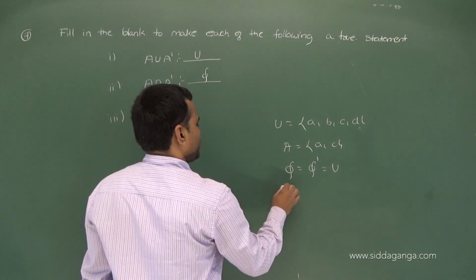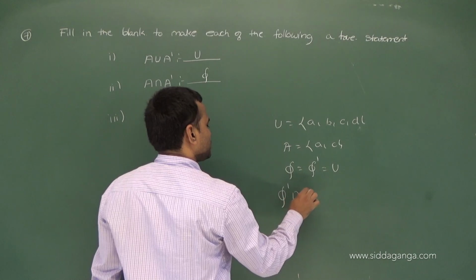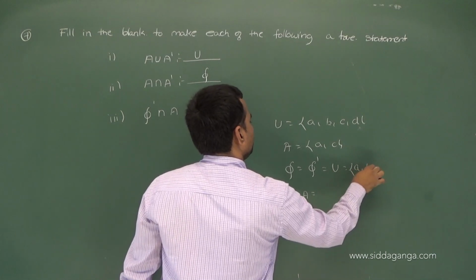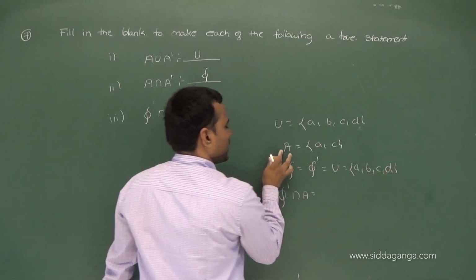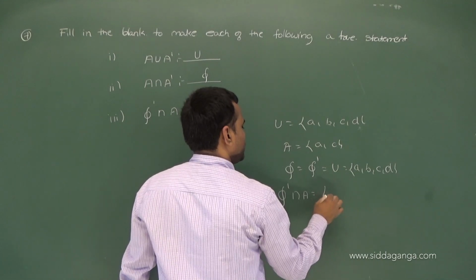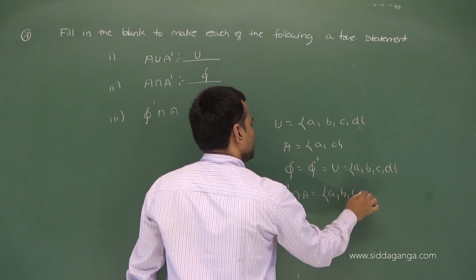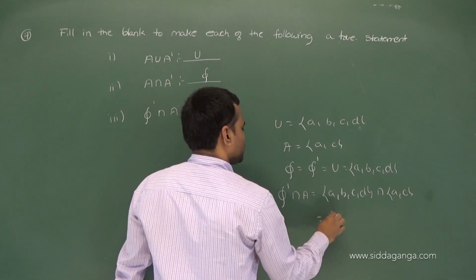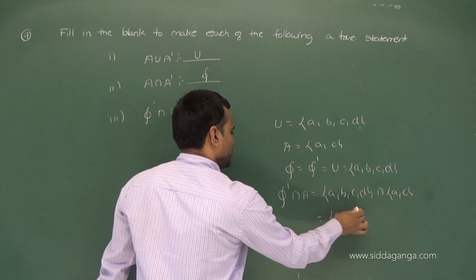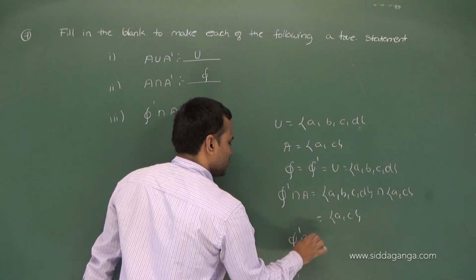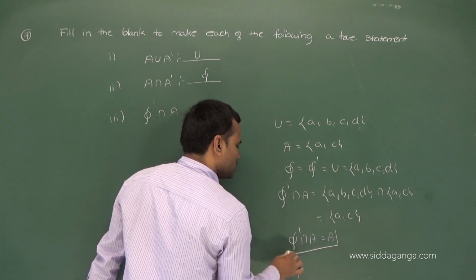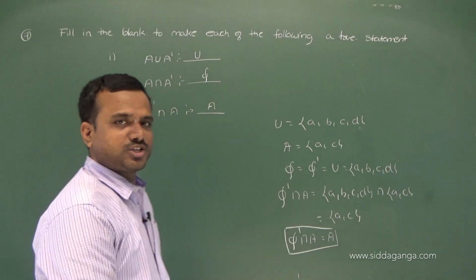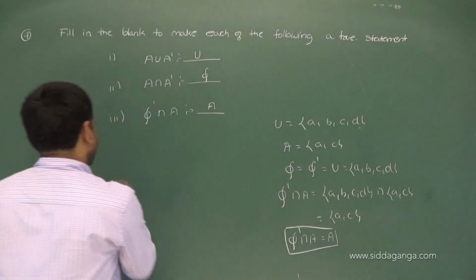So phi dash intersection A: phi dash is {a, b, c, d} intersection {a, c}. So phi dash intersection A is {a, c}, that is A. The answer is A. Phi dash intersection A is always equal to A.